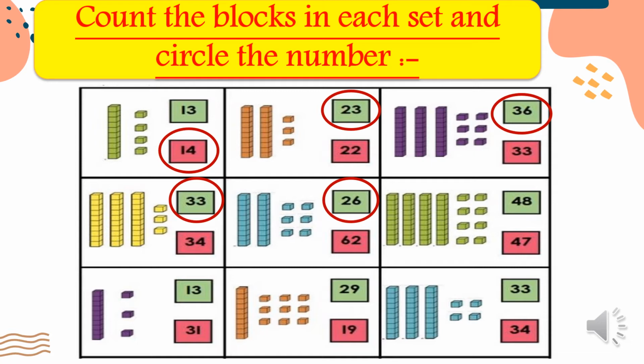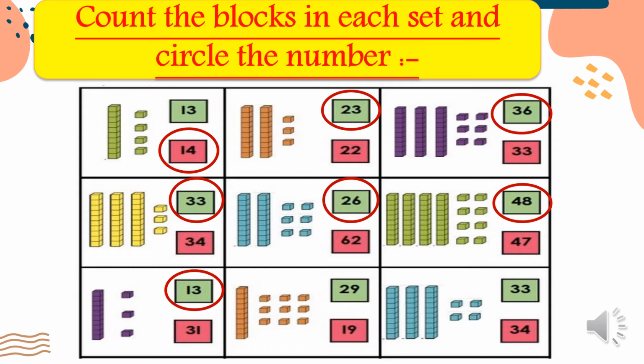I have here 1, 2, 3, 4. 4 in tens. 1, 2, 3, 4, 5, 6, 7, 8. 8 in ones. So the number will be 48. I have here just one stick in tens and 3 small squares in ones. So the number will be 13.